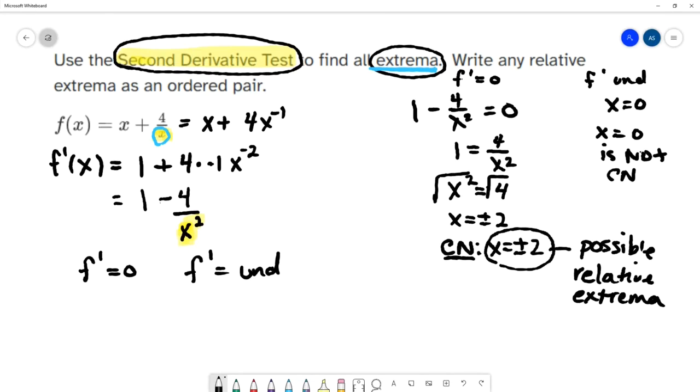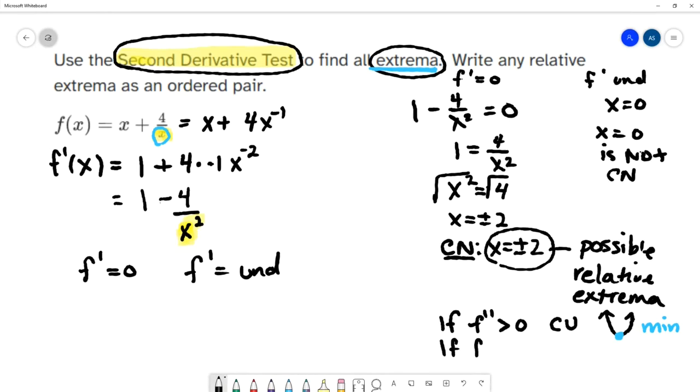So just a recap of the idea here is that if our second derivative is positive, we know that our function will be concave up at that point. So having a point that is concave up and a critical number, so I'm drawing concave up and a critical number, is going to mean that we have a min at that point.